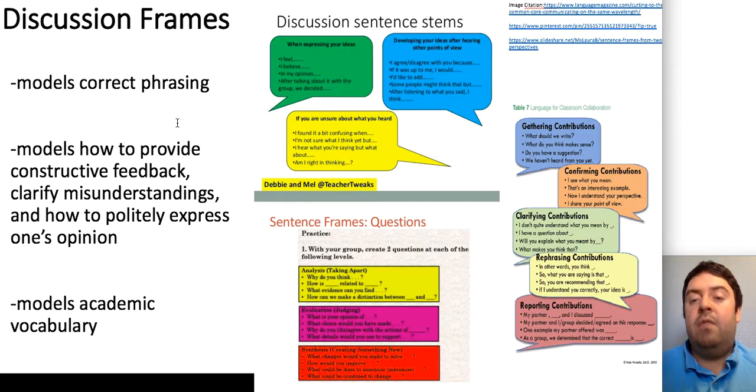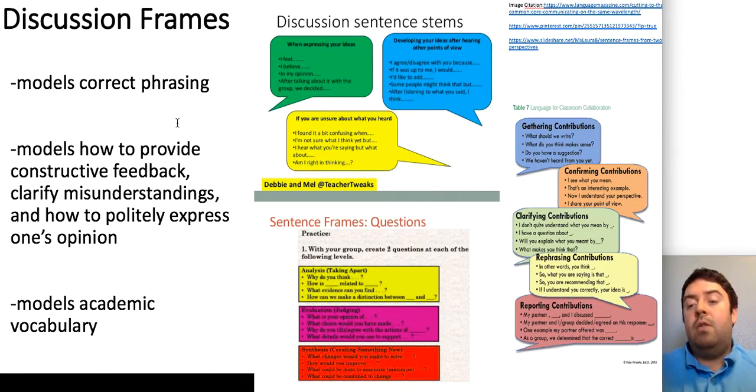So there's different sentence frames, and as you can see with the visuals I've provided, they help model academic vocabulary, and it's nice to teach them in particular context. So you might teach students how to orally communicate their ideas, how to express their uncertainty, how to express their confusion or their need for support, how to express how their opinion differs from another person's, or how to provide constructive feedback.